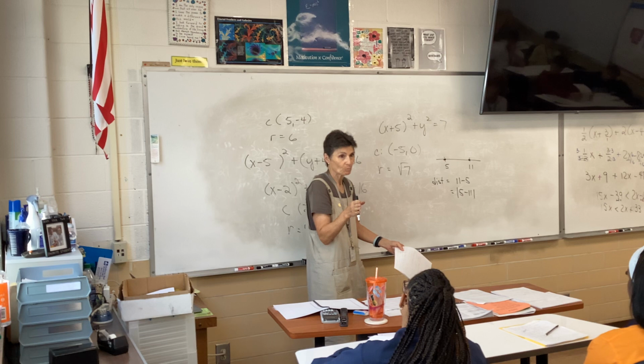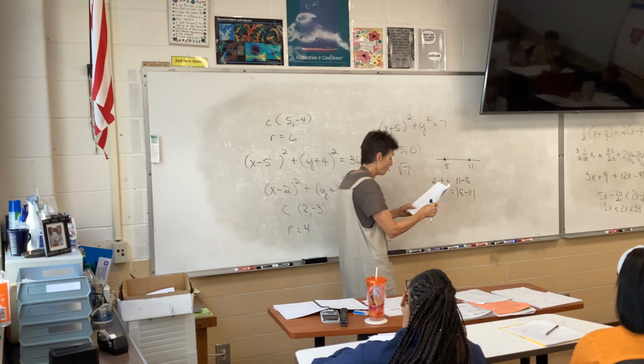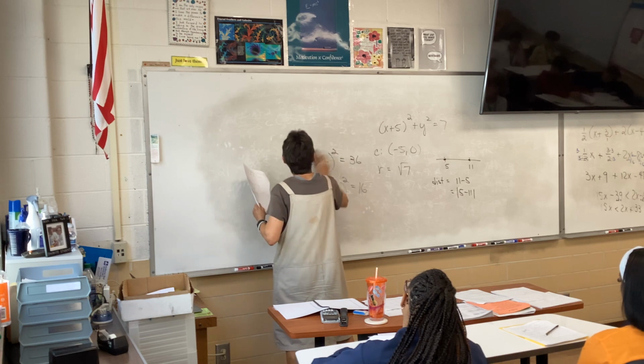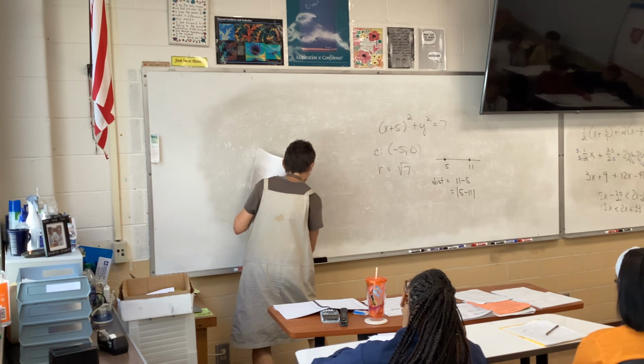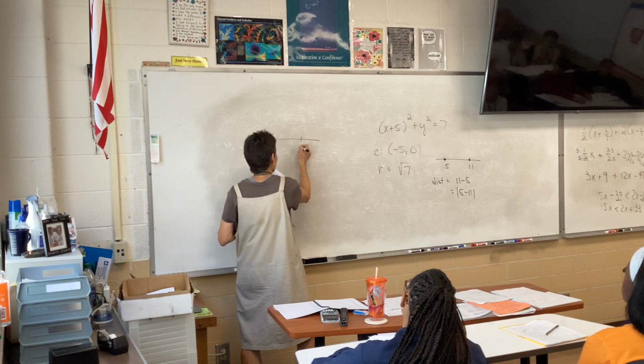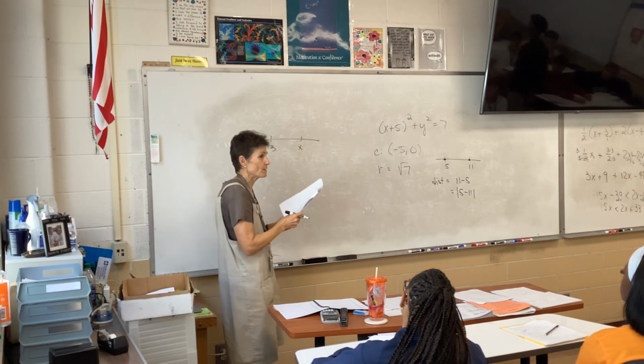Are you on my page with me here? So now it says the distance between x and 3. So think of your number line. You have a 3 and an x, or an x and a 3. The order doesn't really matter.